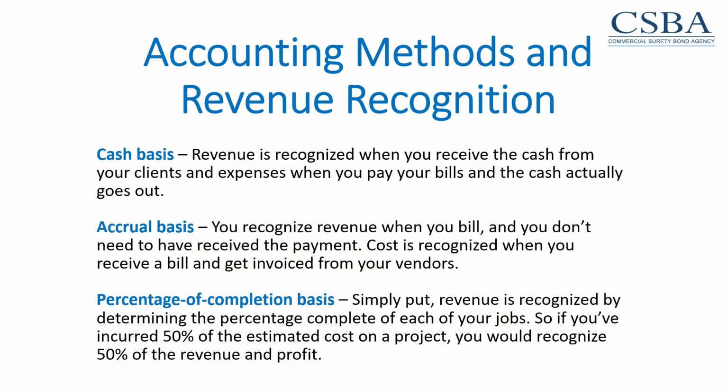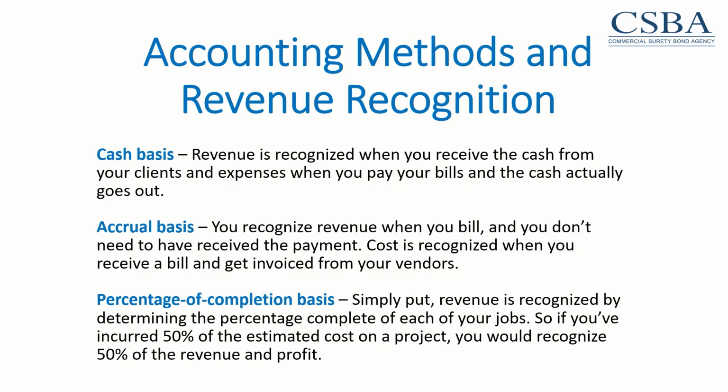So with a cash basis, revenue is recognized when you receive the cash from your customers, and the expenses are recognized when you actually write checks or make payments for the expenses that you have. Accrual basis, on the other hand, you don't necessarily need to actually receive the payments or make the payments.